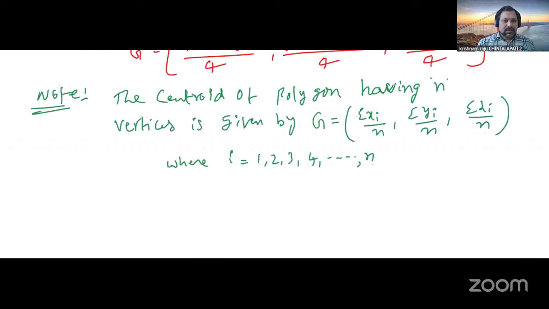So similarly, in this concept, suppose you want the fourth vertex of the tetrahedron.